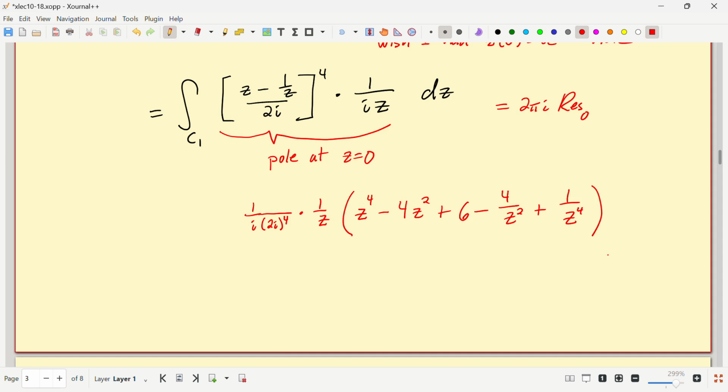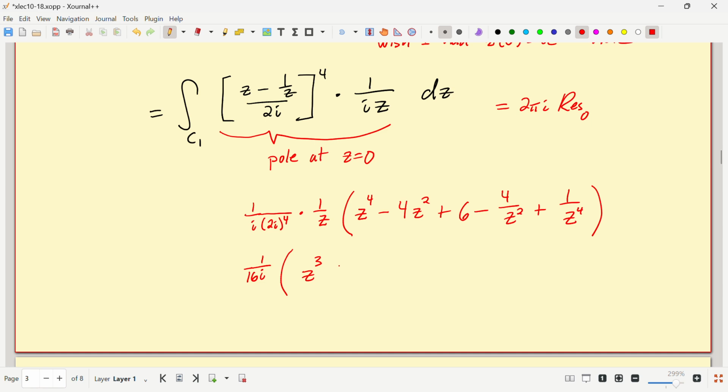Okay, and so what's that? Where's the i go? 1 over i. Okay, I'll just leave the 1 over i there. 2i to the fourth is 16. So I'll call that 1 over 16i. And then I'll distribute that 1 over z through.